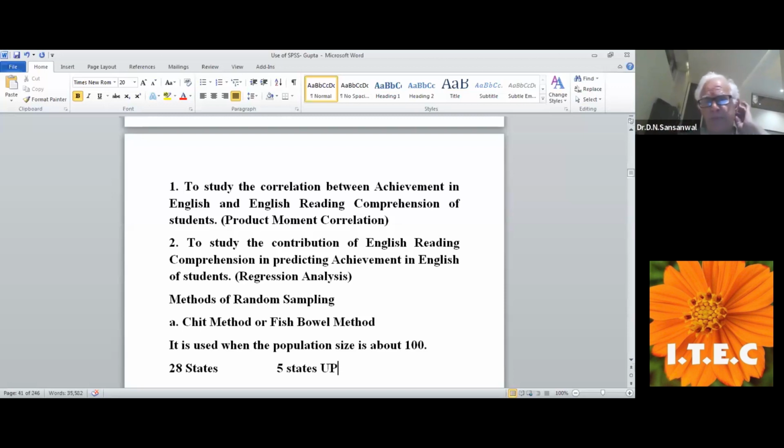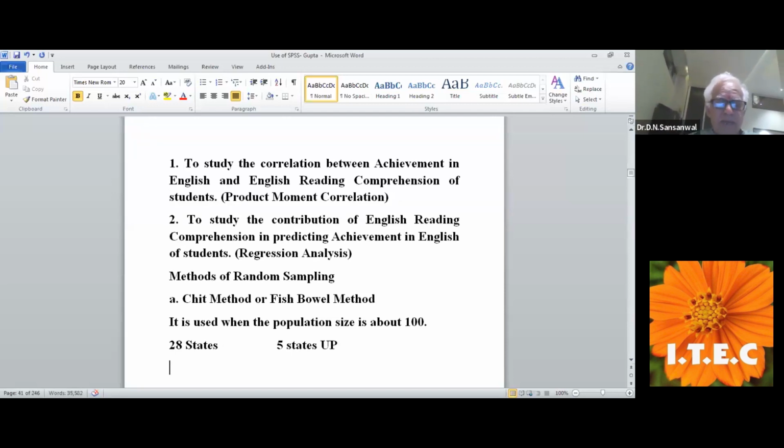Now this slip, if I do not replace, then will the probability of selecting another state be more or less? If I do not replace this, now my number is 27 states. Earlier you selected one state out of 28. Now you select another state out of 27.